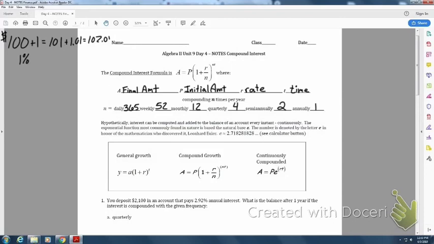The number is denoted by the letter E in honor of some dead guy, but E equals this 2.71828, so on. So you need to make sure that you know how to put that into the calculator. You're going to use this a lot, and it is just second division.